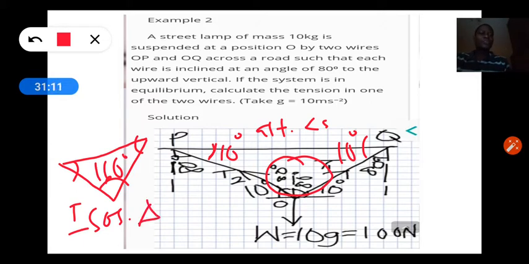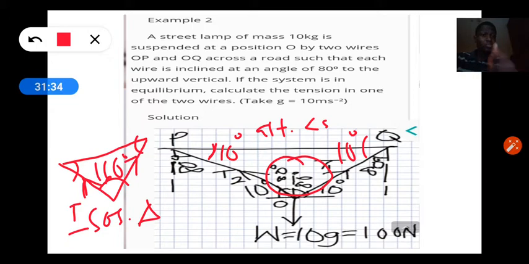So obviously it means the tension here and the tension here, the two tensions, will be equal. Just the same way two sides of an isosceles triangle are equal, these two tensions are expected to be equal. Does that make sense? Good.